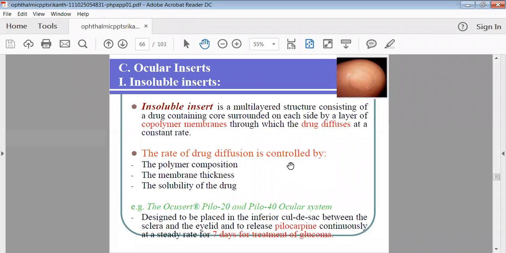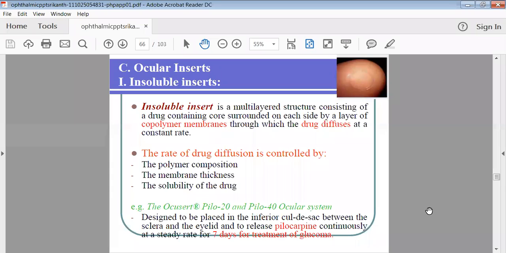Examples of such insoluble eye occluserts or eye inserts are Ocusert R, Ocusert Pilo 20 and Ocusert Pilo 40 for the ocular systems. They are available in the market. Generally, it is used for 7 days for the treatment of glaucoma, and pilocarpine is the drug already incorporated inside that Ocusert.